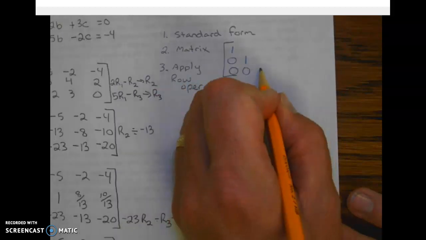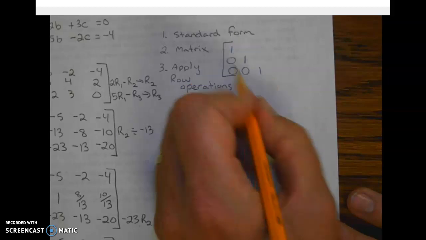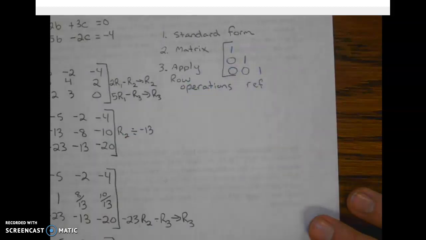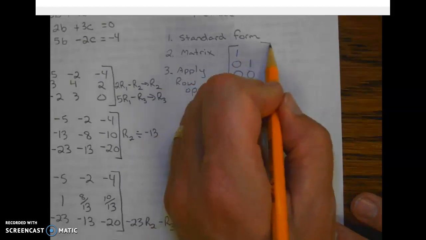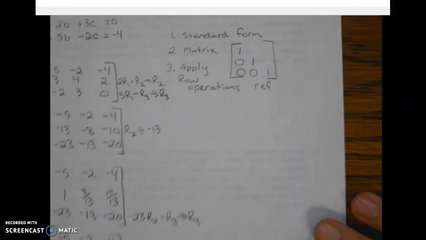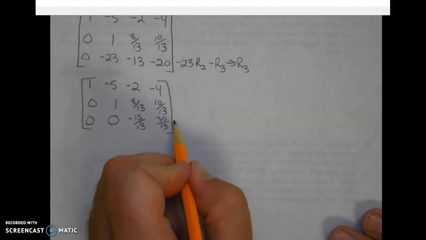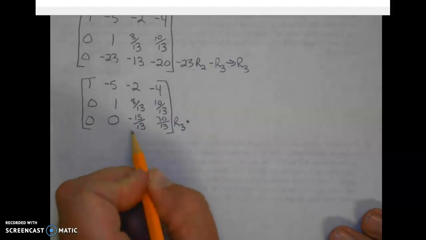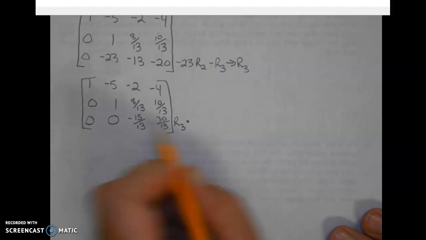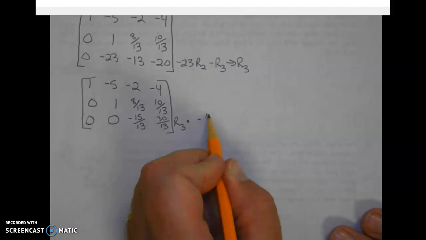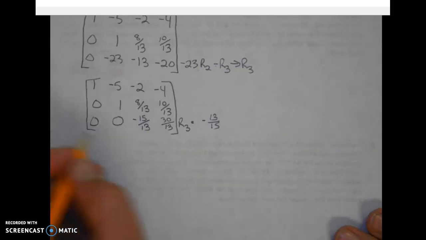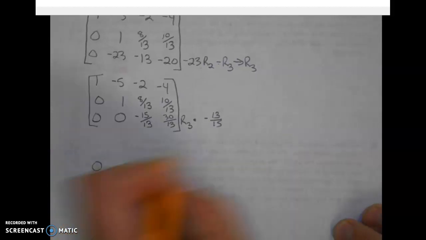And lastly, we want to get the 1 down here so we can be in row echelon form. All right, so we're going to multiply row 3 by the reciprocal, which would be negative 13/15. So we're going to get a new row 3.